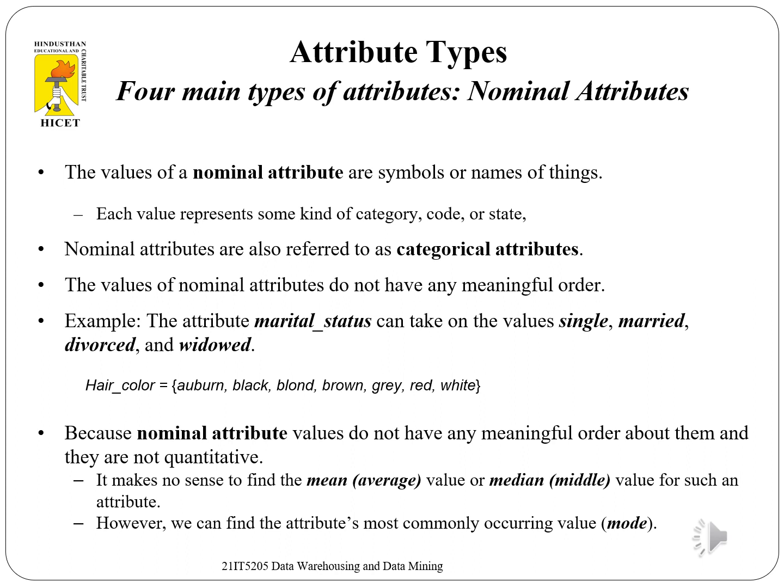Some examples of nominal attributes are marital status, where the values can be single, married, divorced, and widowed. Similarly, for hair color, the different colors are the values of a nominal attribute. As nominal attributes do not have any meaningful order and are not quantitative, there is no sense in finding the mean or median value for such an attribute.